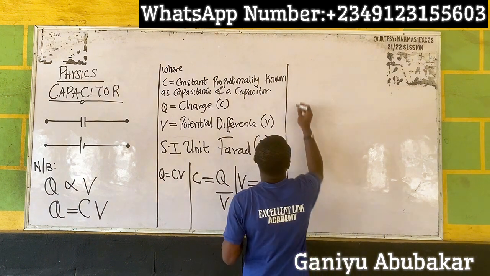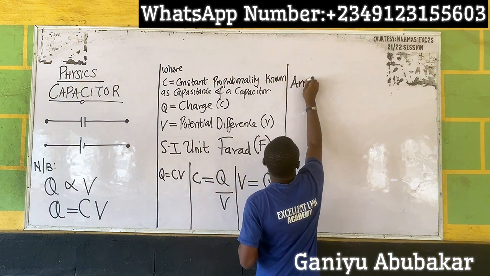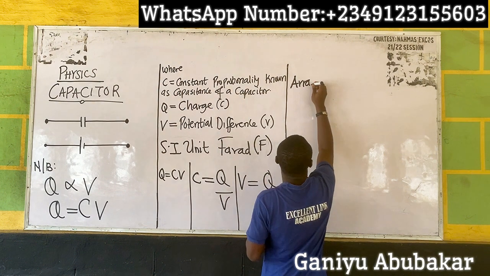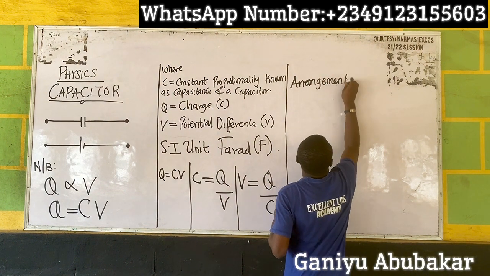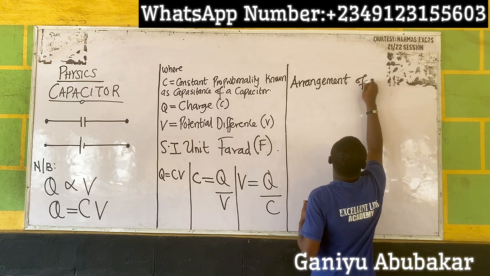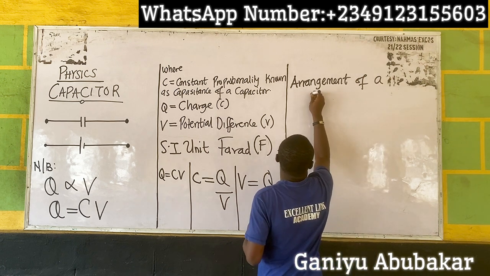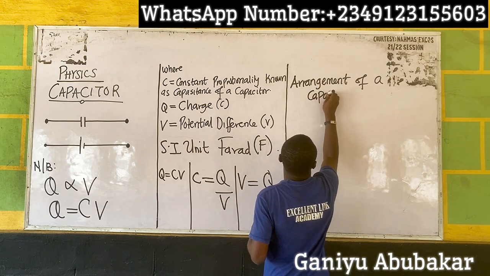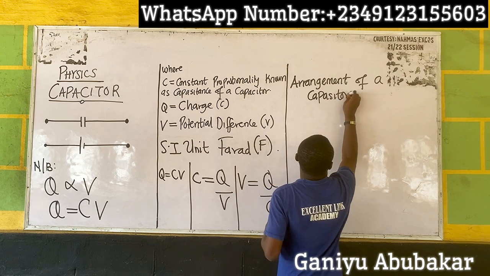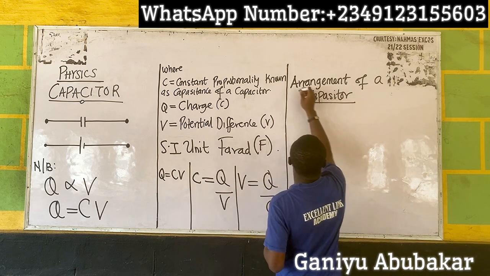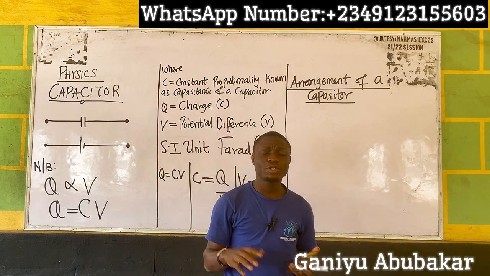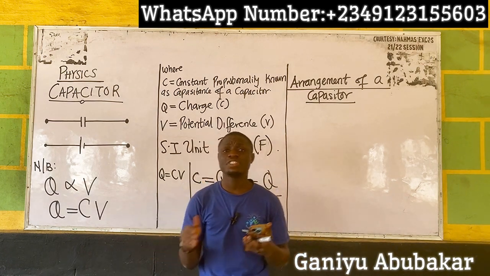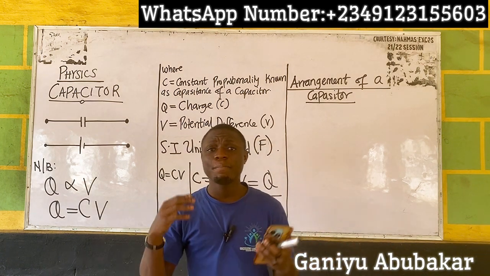Let's look at the next concept called the arrangement of a capacitor. Basically, capacitors can be arranged in two ways. We have the series arrangement and the parallel arrangement.